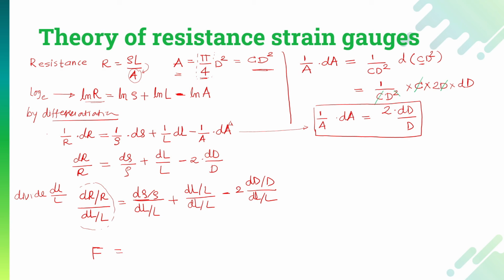That is equal to, now this is not any kind of equation, so I will write it as it is, d rho by rho divided by dl by L plus, both of these values are going to cancel out each other. So ultimately I am going to get 1 as the answer, minus, over here you can observe that this particular value is actually the Poisson's ratio. So I will write this as plus 2 mu, because the Poisson's ratio is normally negative.